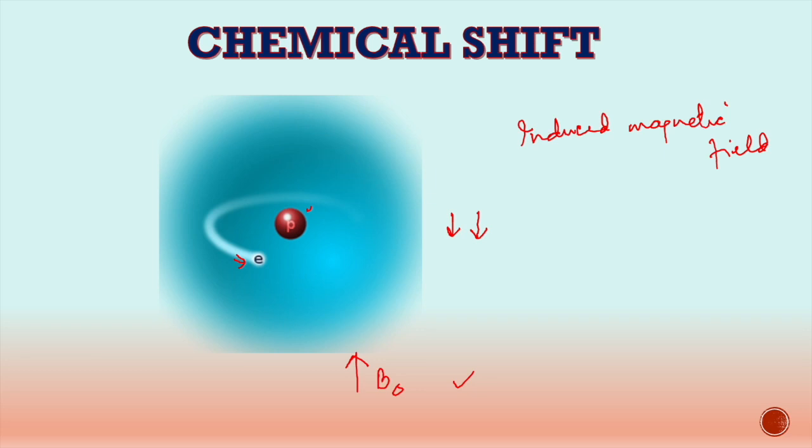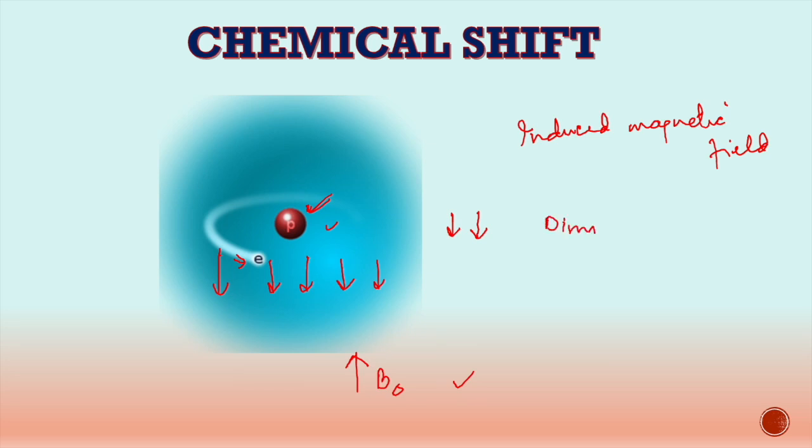Now what will happen? What will be the effective magnetic field which is felt by the proton? Because this moving electron is generating an induced magnetic field in the opposite direction to that of the applied magnetic field, the effective magnetic field experienced by this proton will be diminished.